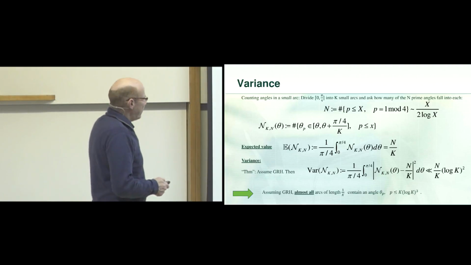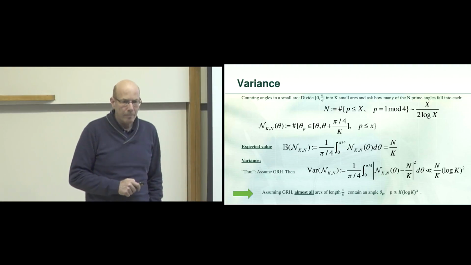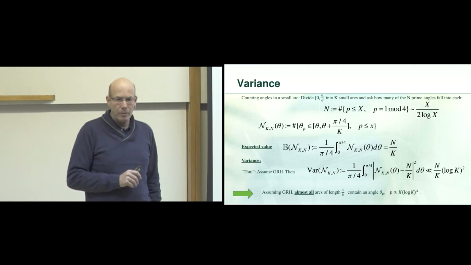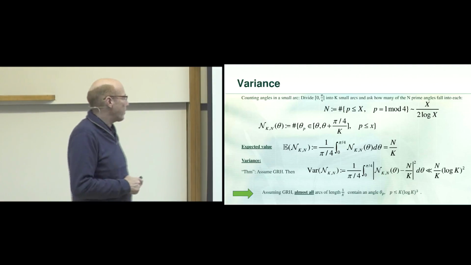Now the theorem is that, still assuming the Riemann hypothesis, I can give a bound for the variance, which is n over k times some logarithmic factor. So n over k would be the variance for random points, and here it's slightly bigger by a logarithmic factor.